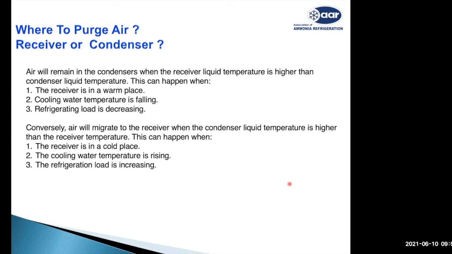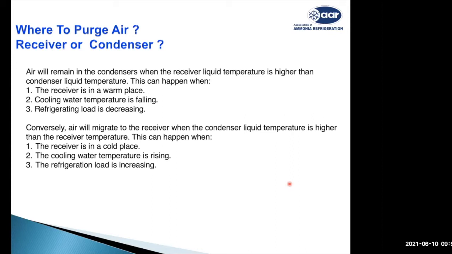Sometimes due to a change in the ambient conditions, the liquid temperature in my sump increases, which will result in an increase in the cooling water temperature of the condenser, and so there is a sudden increase in the refrigeration load. If some cold storage doors are suddenly opened, or I get milk at a normally higher temperature in my pasteurizer, then my load is increasing.